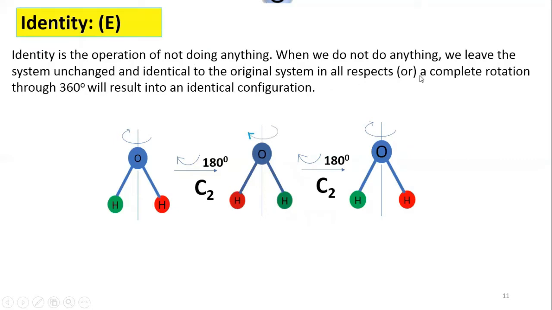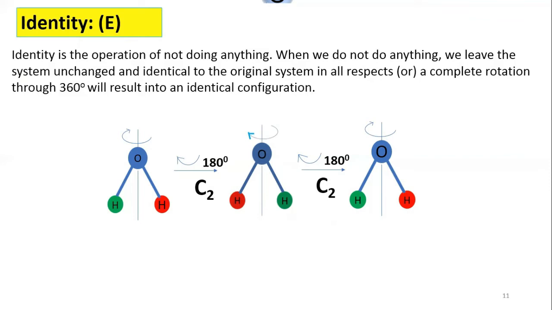Otherwise, a complete rotation through 360 degrees, that is 180 plus 180, will result in an identical configuration, completely similar to the original one. That is said to be the identity operation, and it is represented as E.